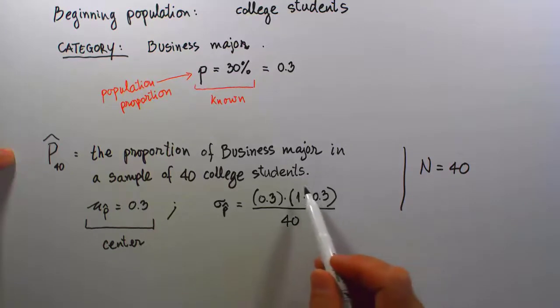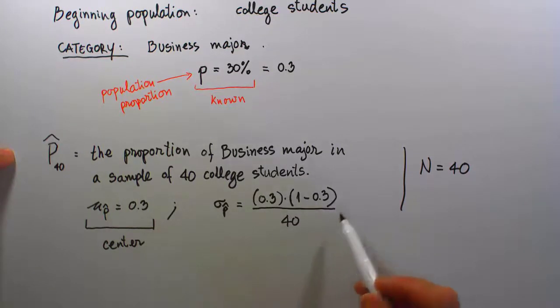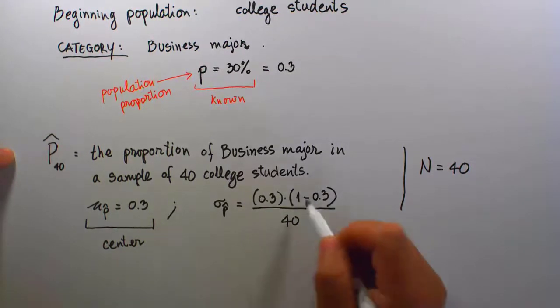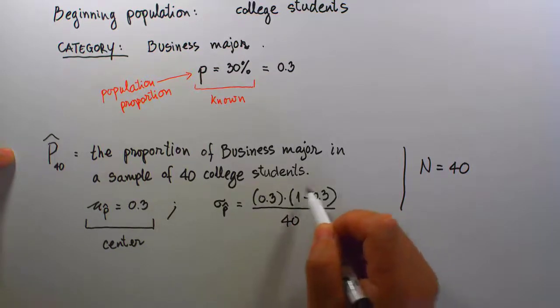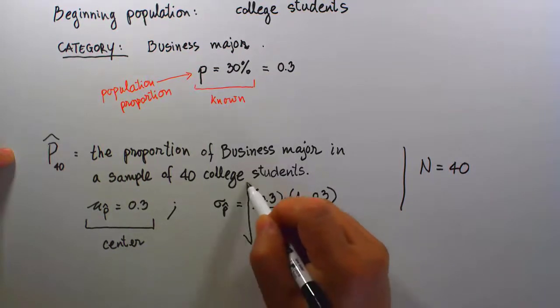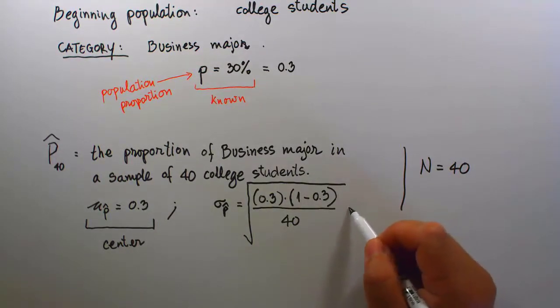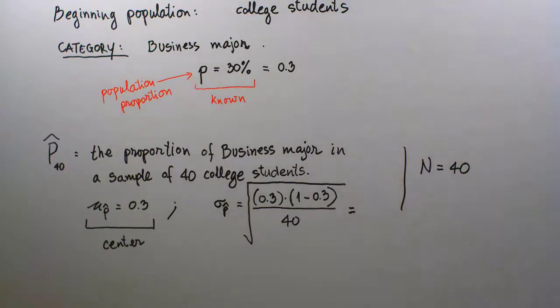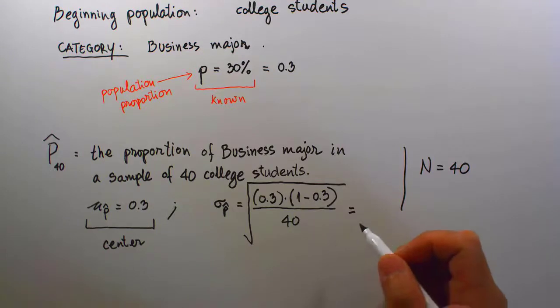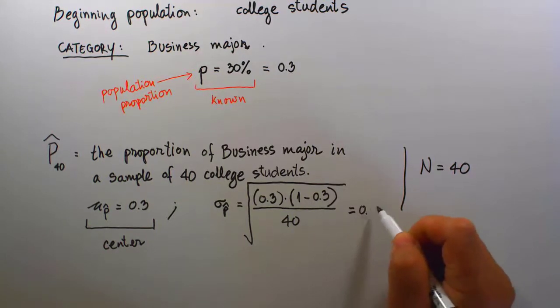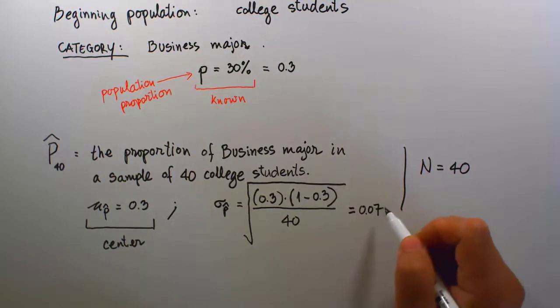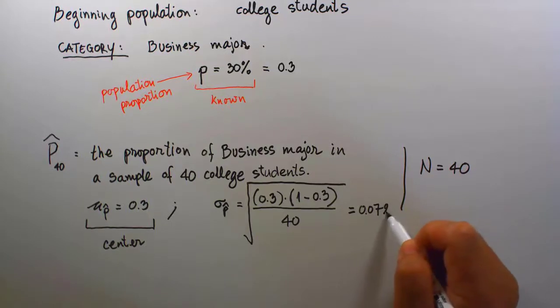After this math work is done, one final operation: we take this quotient inside a square root. The final calculation comes out to, in 4 decimal places, 0.0725.